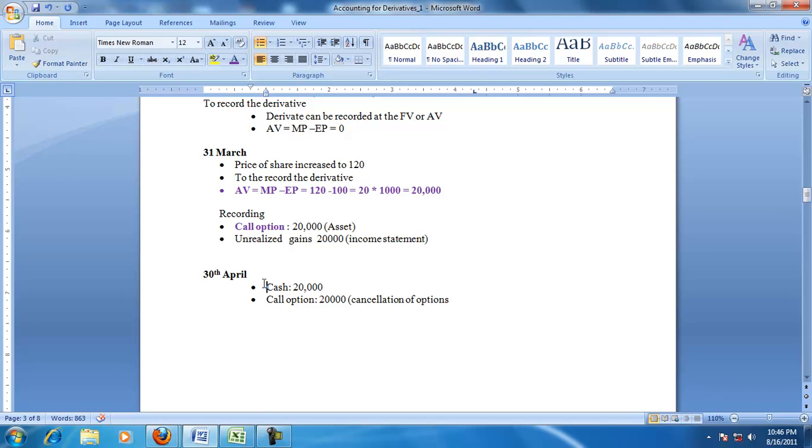because the price is 120, Miss X will definitely exercise, so they will try to buy the shares, or the option writer has to give the shares. Instead of making the gross settlement, it may be a net settlement, and that is 20 per share the writer has to pay, and 20,000 is the net inflow for Miss X, and the call option is now sold or cancelled.